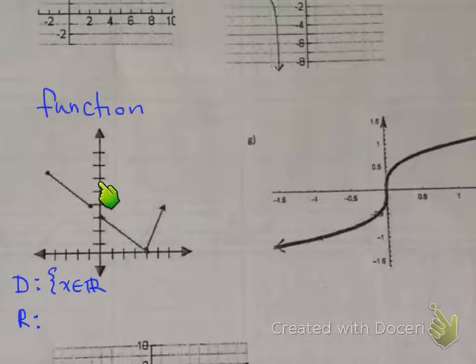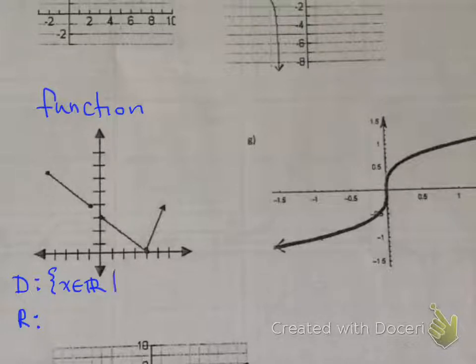Then it does a jump over and starts again at 0 and goes on for infinity. So again, from left to right, it starts at -5, goes up to -1, jumps over, starts at 0, and goes to infinity.